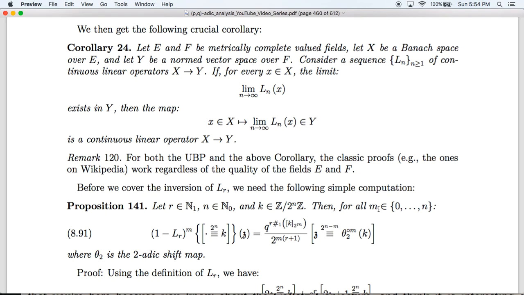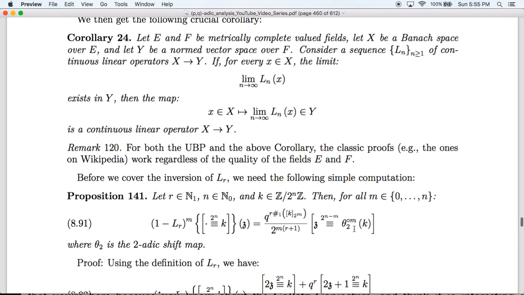Then for all m between 0 and n, the mth iterate of 1 minus L_R sends the indicator function for the set of z congruent to k mod 2^n to the indicator function of the set of all z congruent to the mth shift of k mod 2^(n-m), with a multiplicative factor of q^r to the number of ones in k mod 2^m, divided by 2^(m(r+1)).